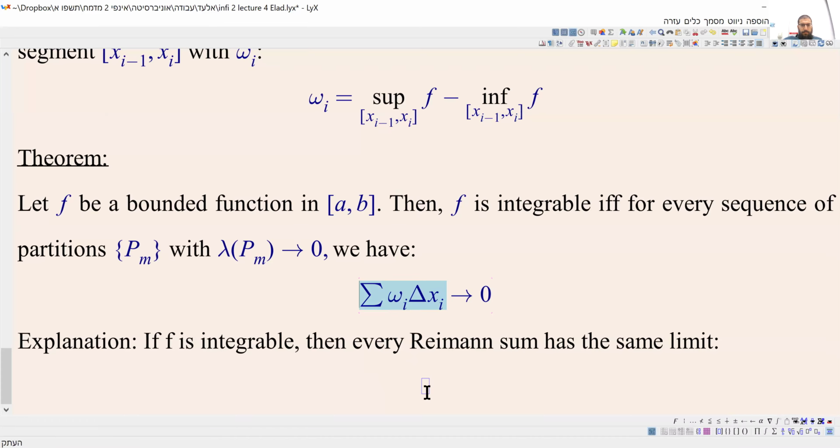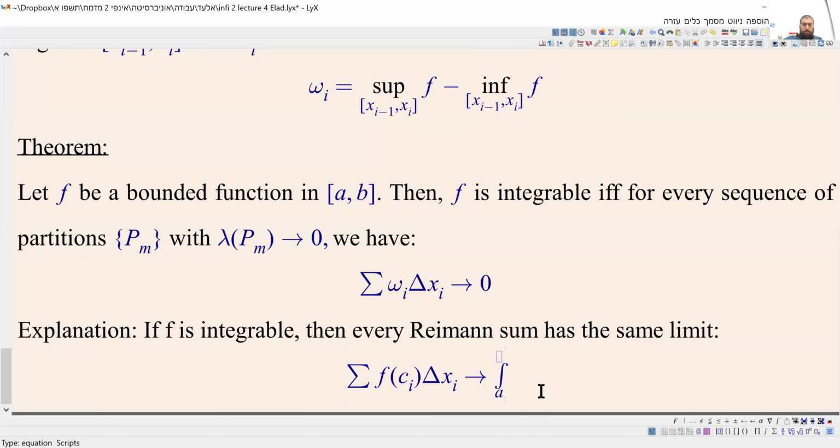Riemann sums go to the same limit, which is denoted with the integral.